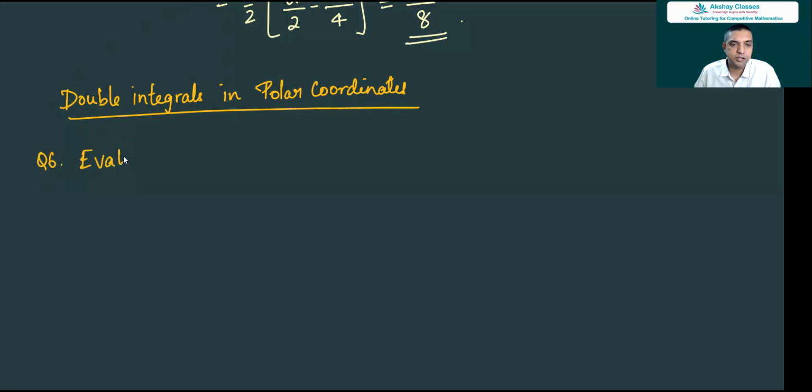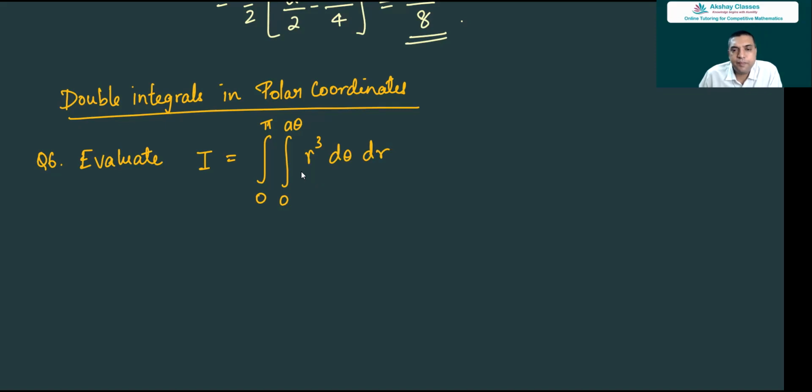Evaluate I, the integral 0 to pi, integral 0 to a theta, r cube d theta dr. So r is given in terms of theta, and then theta is constant 0 to pi. So first we will have to integrate with respect to r.